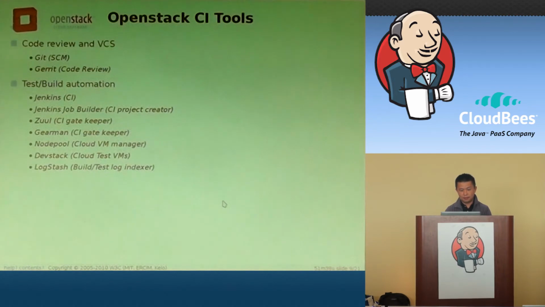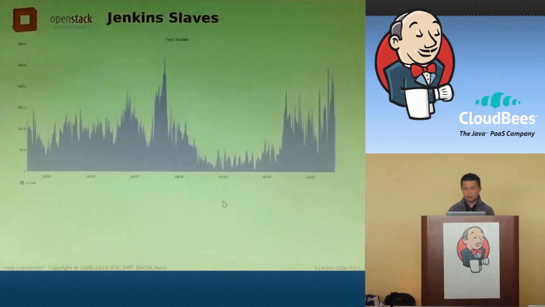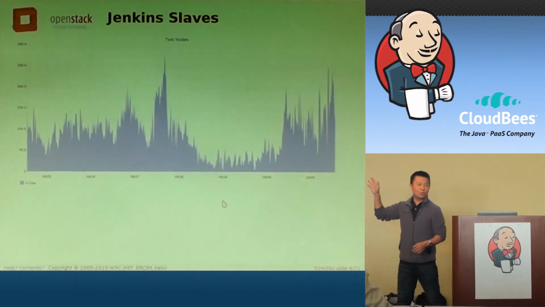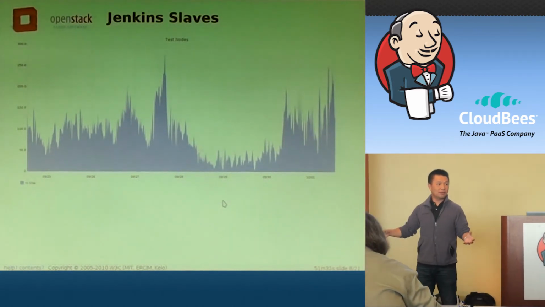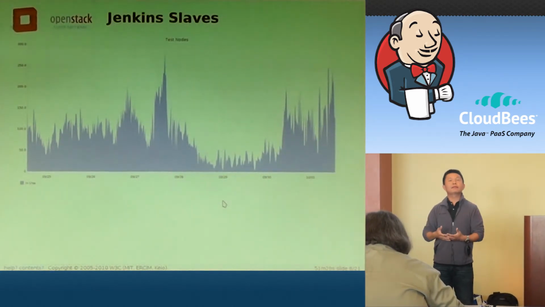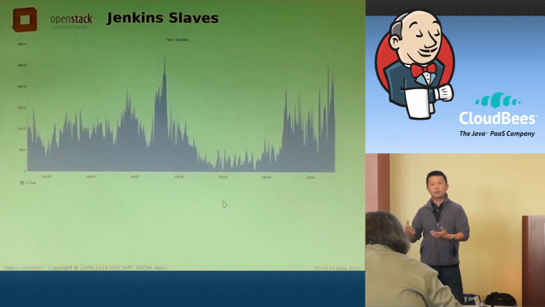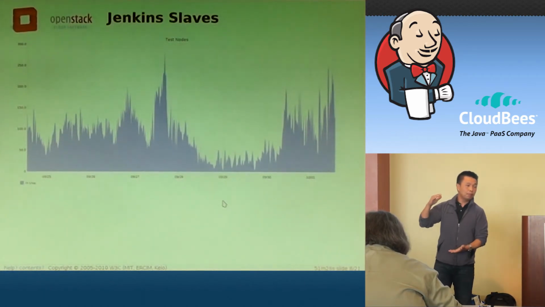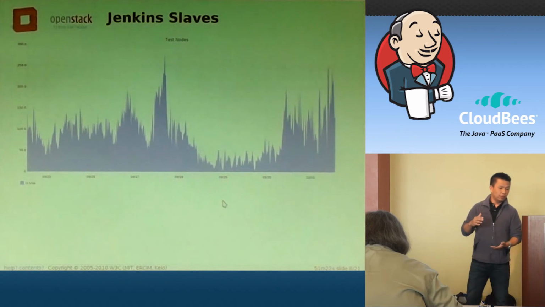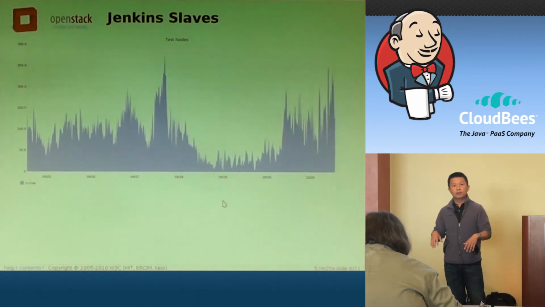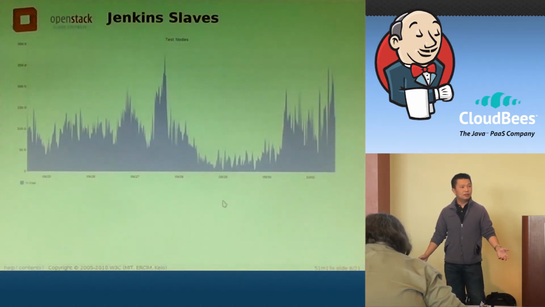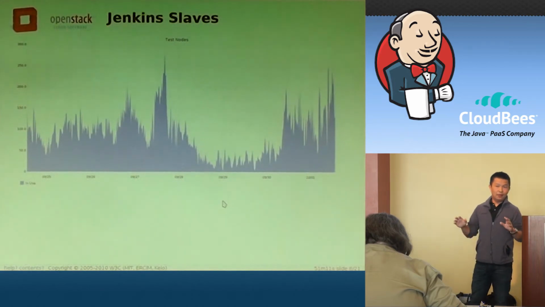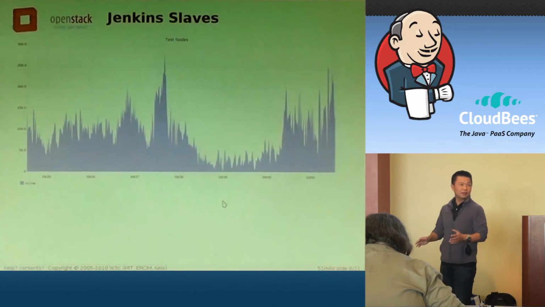This is one of the reasons why we had to go to multi-master. We were using a single master and trying to scale up. We're probably doing 30, I'm guessing, 50 gig, 16 CPU machines, and they were not keeping up.